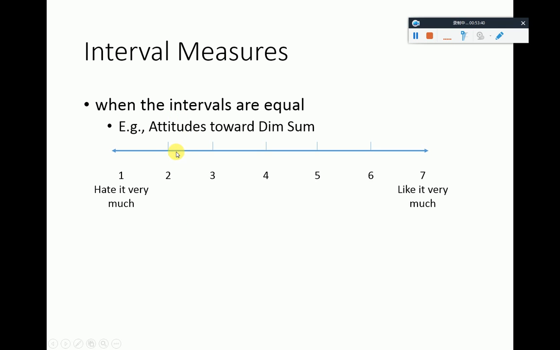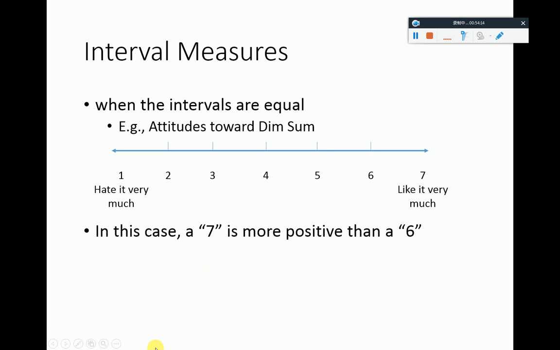Again, this time we have a scale for attitudes toward dim sum, but this time I have equal intervals, or assume that the interval between every two values, between 1 and 2, between 2 and 3, between 3 and 4, is the same. Once we assume that, or make sure that happens, we have an interval scale.